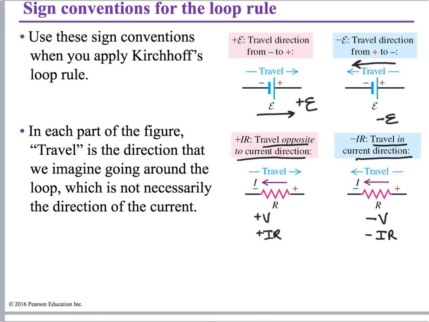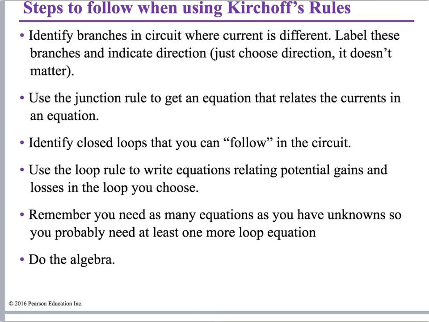So, putting it all together, here are the steps that we follow for using Kirchhoff's loop rules. The first thing we want to do is look at the circuit and find the different branches where the current is different.